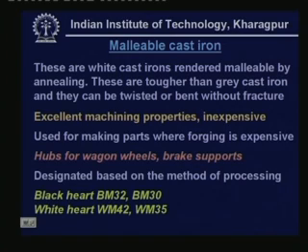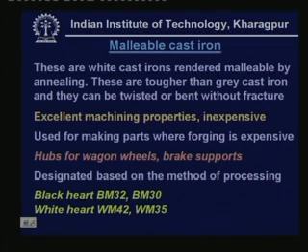So, these are the characteristics of a malleable cast iron, and it has excellent machining properties, and it is inexpensive also. Excellent machining properties are a desirable situation, because if we make machine components, they can be machined easily. Where is it used?